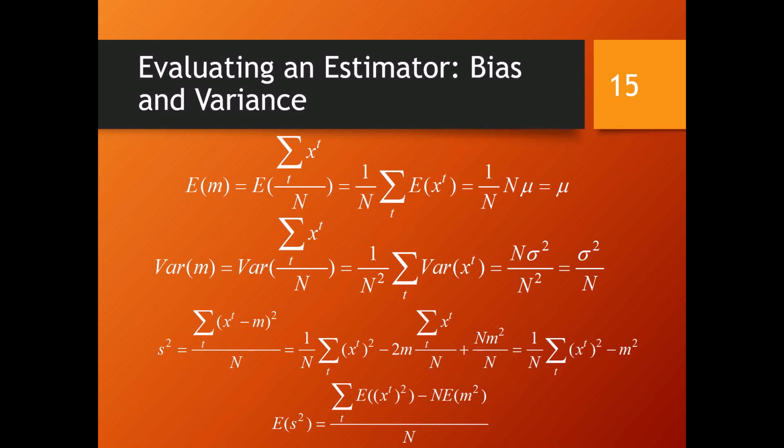Similarly, we know this is how we calculate s squared, right? S squared is equal to this. If you expand the square term here, we have xt squared, minus 2m times this, plus, because we are summating, this is a constant, so summation t equal to 1 to n of m squared, you have a total of n times m squared, divided by n.